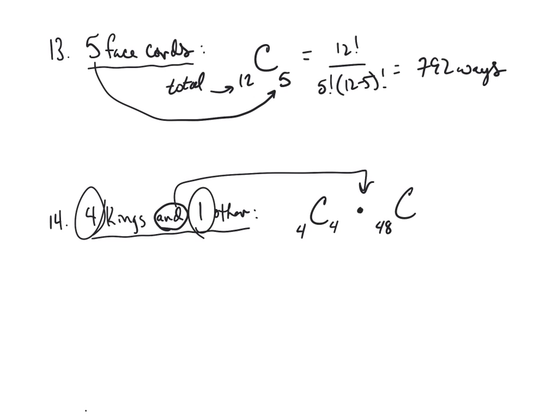And how many are we being asked to pick? 1. So again, without going into the formula, I'm just going to punch directly. The number of combinations of 4 total things selected 4 at a time is 1. And the number of combinations of 48 things selected 1 at a time is 48. So the number of ways we could pick 4 kings and 1 other card would be 48.